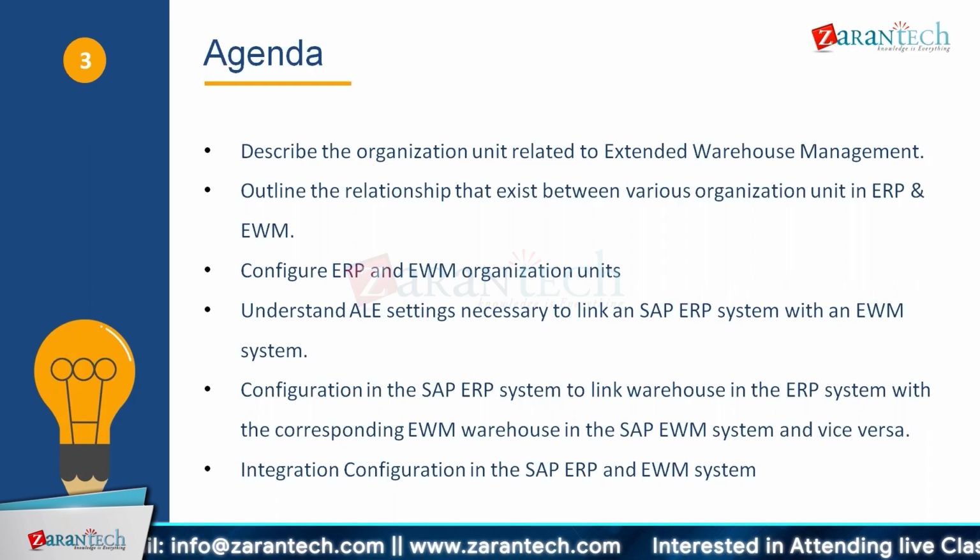These are mandatory configurations required before you start using EWM. So this unit is not only about org structure, but as part of integration we are also going to do some functional configuration.